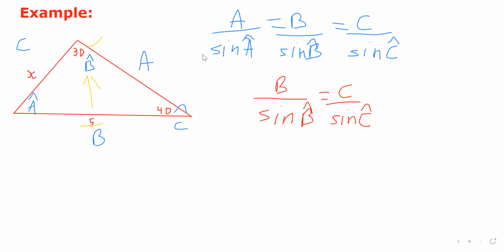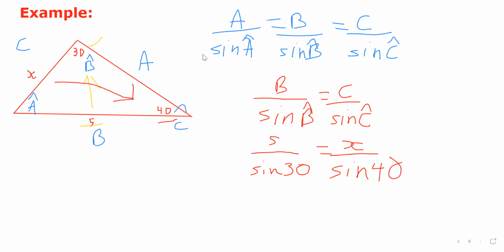So we know what capital B is. B is 5. Sine the angle of B, and the angle of B is 30, which is equal to C, which we don't know, name X, and sine, and the angle at C is 40. Right here, C, 40 degrees.